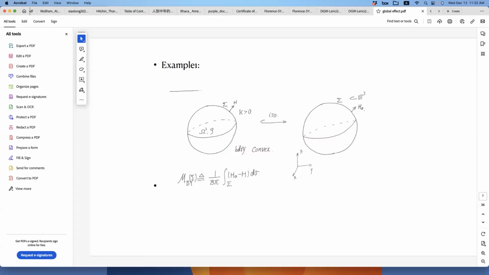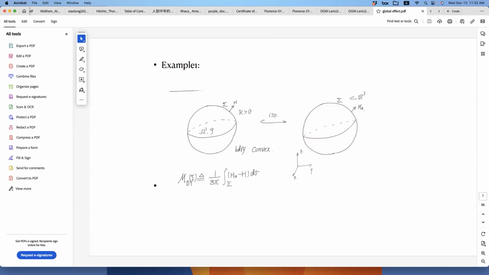And if you deform the metric G with the induced metric on sigma fixed, then you would see that the larger the mean curvature is, the smaller the Brown-York mass would be. Okay, this is for Brown-York mass.